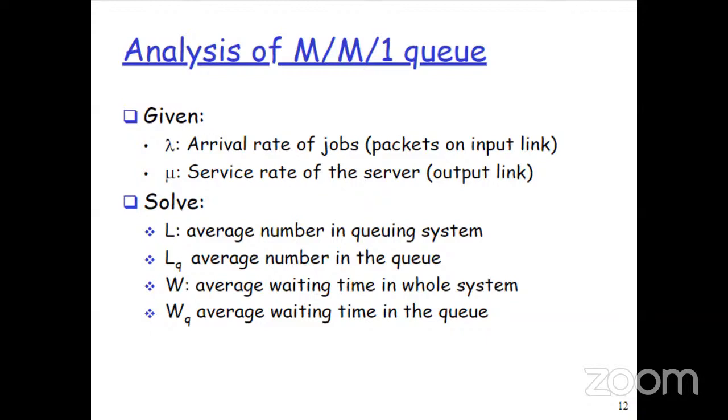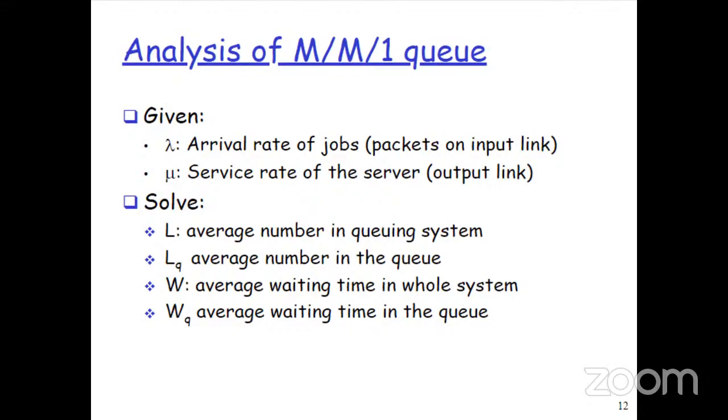To solve it, we have different letters for different purposes. L is the average number in the queuing system. And Lq, average number in the queue.